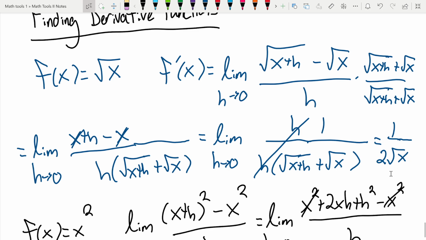This is consistent with what we were talking about, actually all the way in Math Tools 1, in the limit videos, about how the limit of this function does not exist at 0, only the right-hand limit does. So the left-hand limit of this at 0, I should say, does not exist. So the derivative of this function at 0 does not exist. And that's confirmed by the fact that 0 is not in the domain of our derivative function.